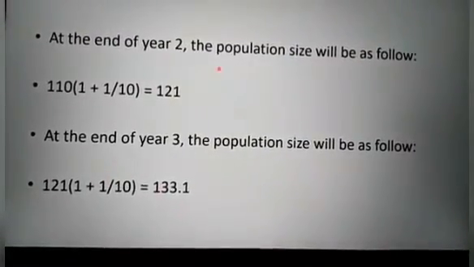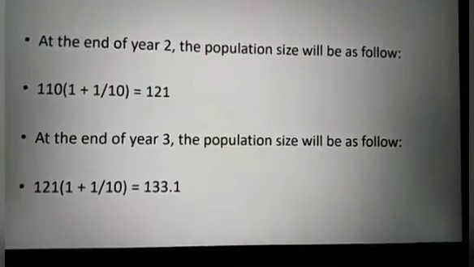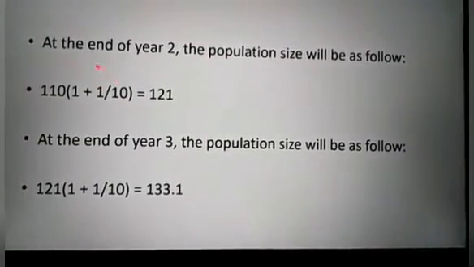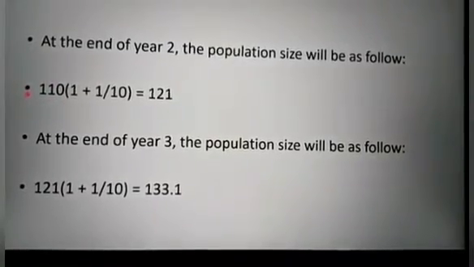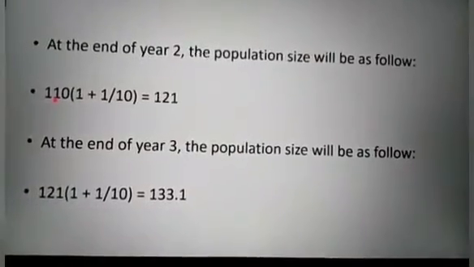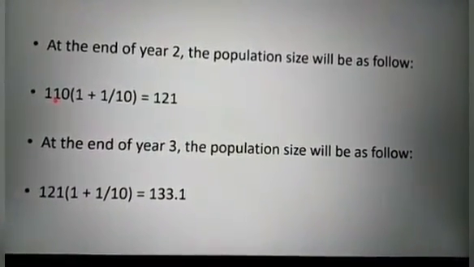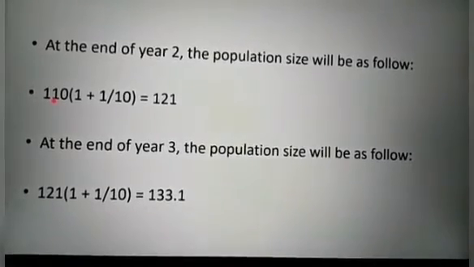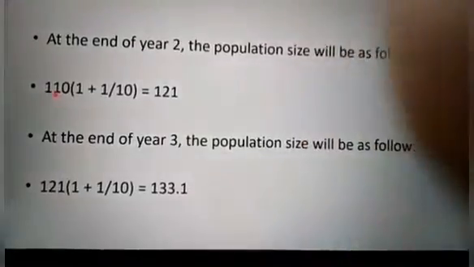Then at year 2, the population size will be as follows. You use the answer that you got for the end of year 1, which is 110 into 1 plus 1 over 10, which will give you 121. At the end of year 3, you do the same and then you get your answer.